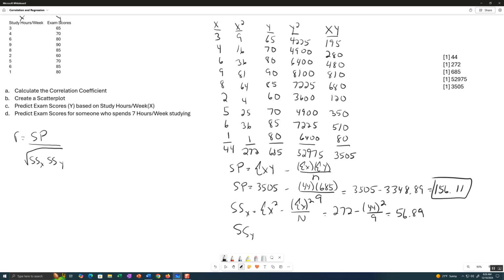We want sum of squares of y, the sum of y squared minus the sum of y quantity squared over n.